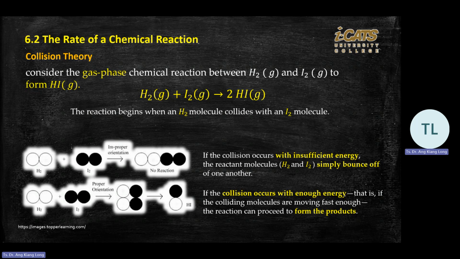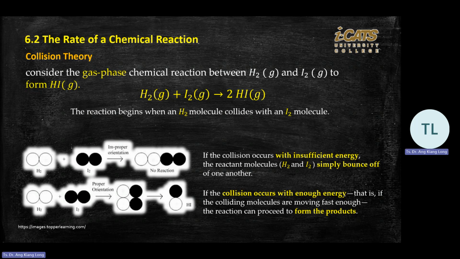Then you must mention the end result. The end result is to form a product. So the reaction must be based on collision theory. You must mention energy, orientation, and that the products were formed. Okay. These are the three keywords. And then with the correct diagram.